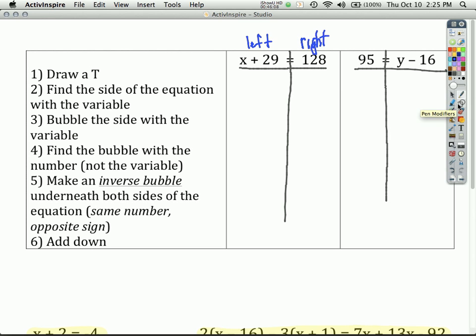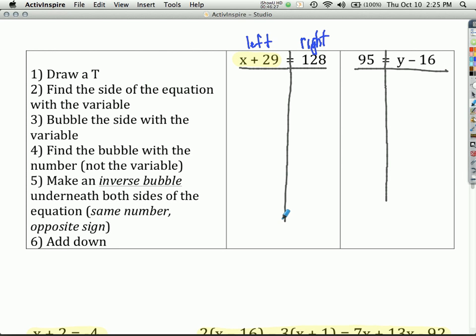So now, step 2, find the side of the equation with the variable. In this equation, where's the variable? Left or the right? Michaela? Left. So I'm going to highlight the left. You don't have to highlight it, but that's where you should be looking. What about this equation over here? Where's the variable?